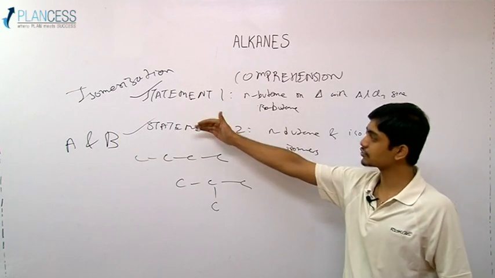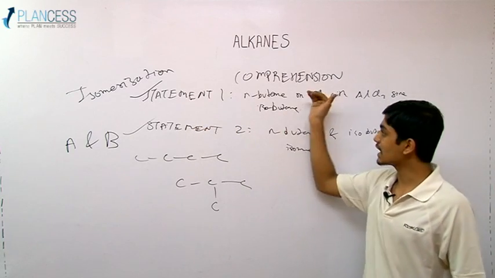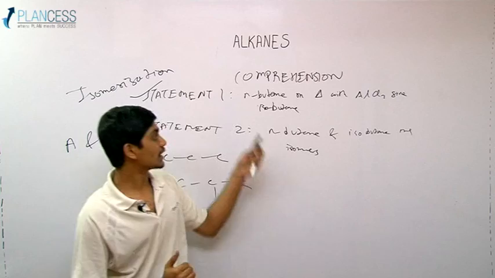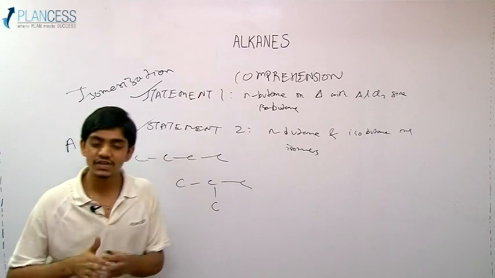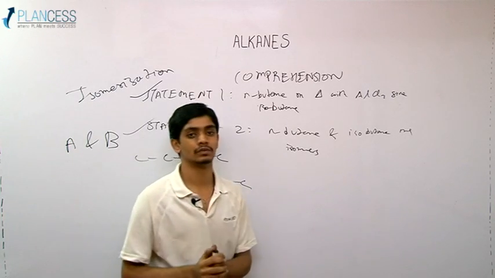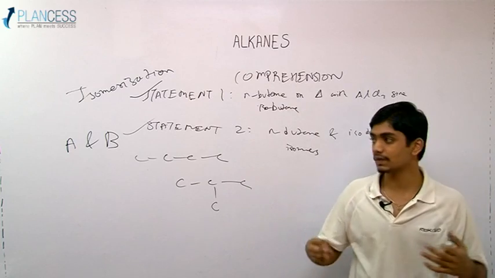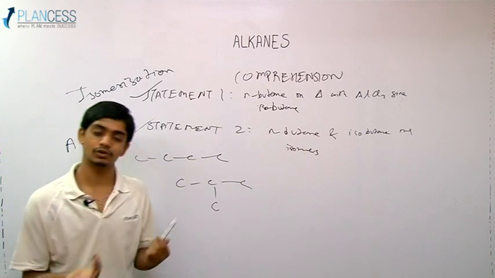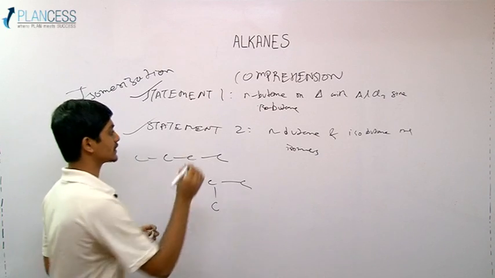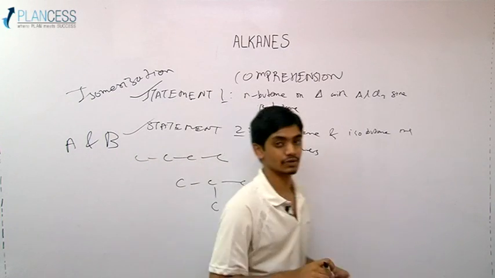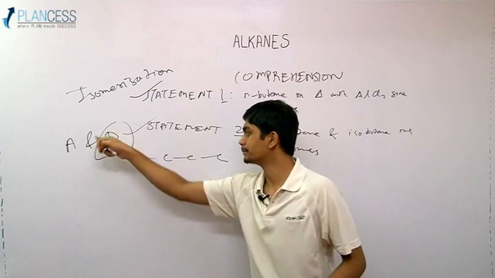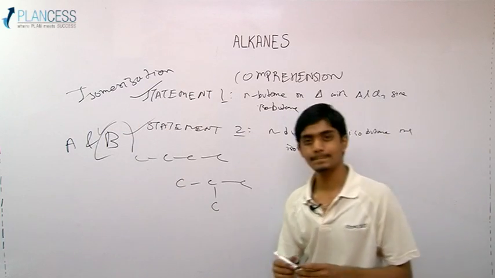Because the answer should be that it is an isomerization reaction, and in presence of AlCl3, branched isomers of N-butane are formed. That should be the precise statement which I expected in statement 2, but it is not there. Although both are true, I don't feel that statement 2 is the correct explanation of statement 1, and hence my answer will be B and not A.